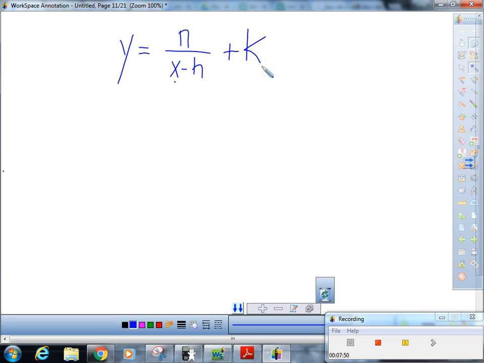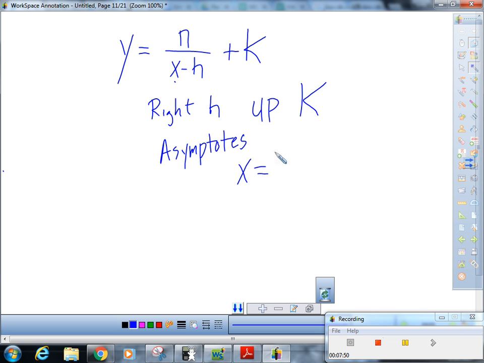That's our general equation, okay, where we have gone right h, up k with asymptotes at x equals h and y equals k. And that's kind of like the general form for today's lesson.